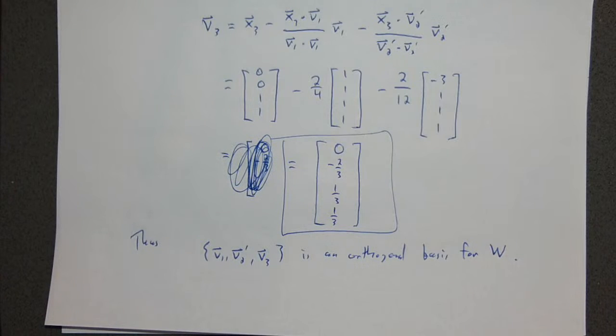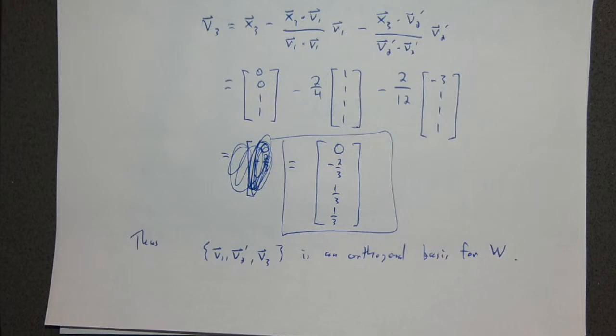And so if you don't believe it, you should check that the pairwise dot products for those 3 vectors are all 0, right? So check those and you will be made a believer that this actually works. Okay. So that's the Gram-Schmidt method, or the Gram-Schmidt process.